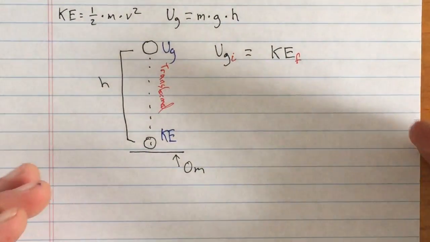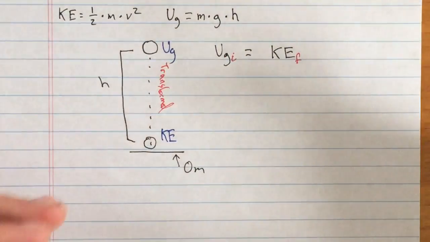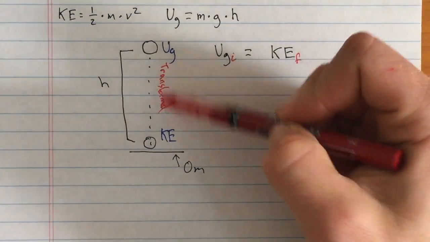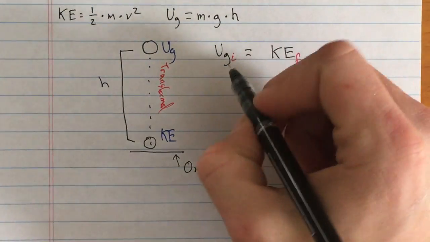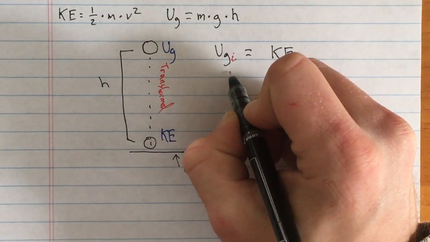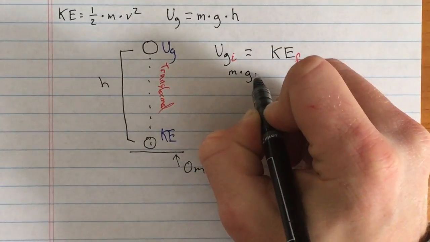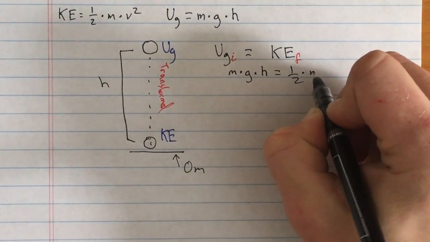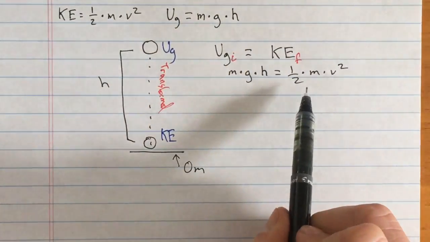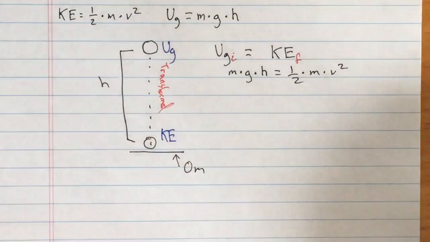Energy cannot be created or destroyed. It can only be transformed or transferred between objects. Okay. We can express this more specifically. Mass times g times h equals 1/2 times m times v squared. You see what I did? I just used these formulas and substituted them in.